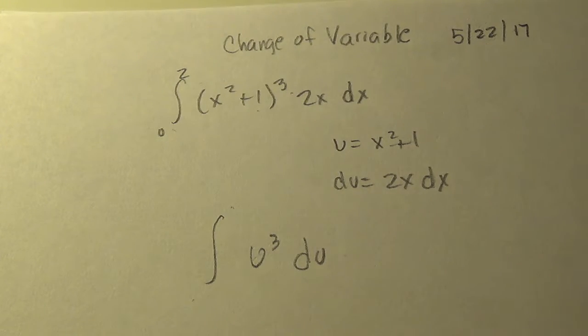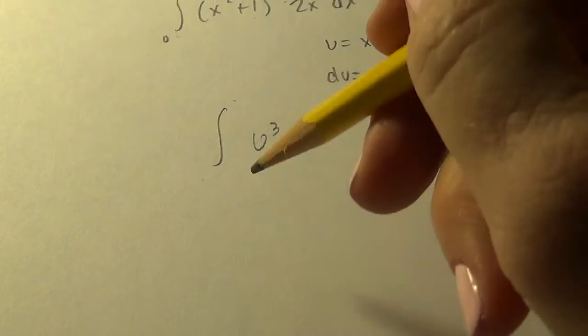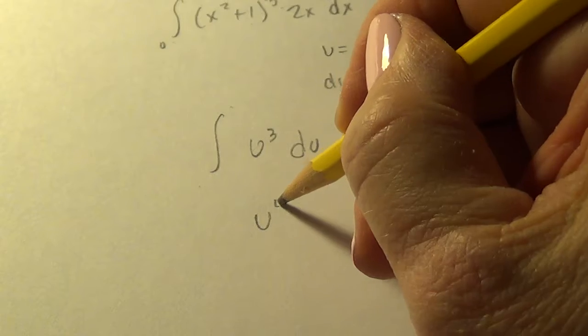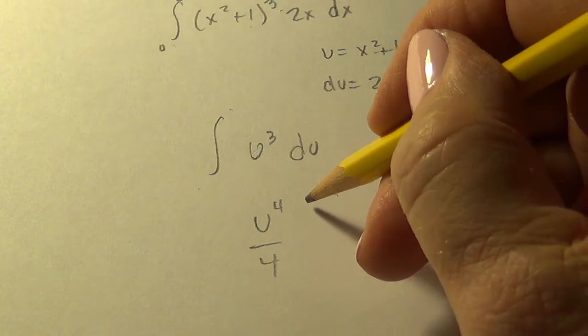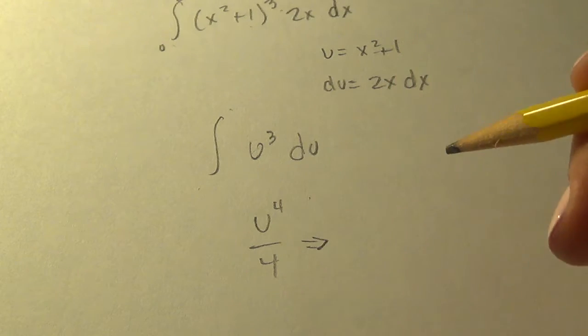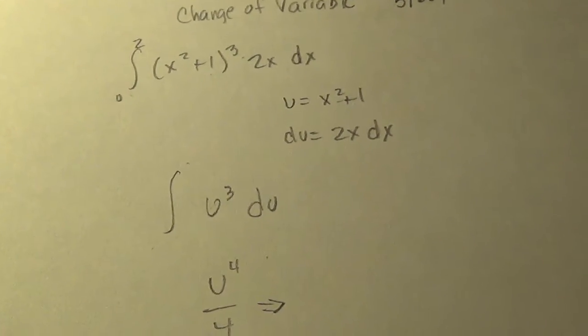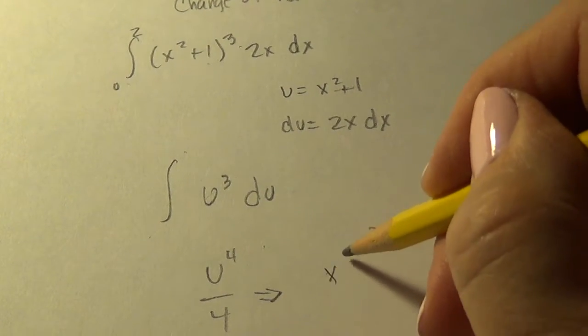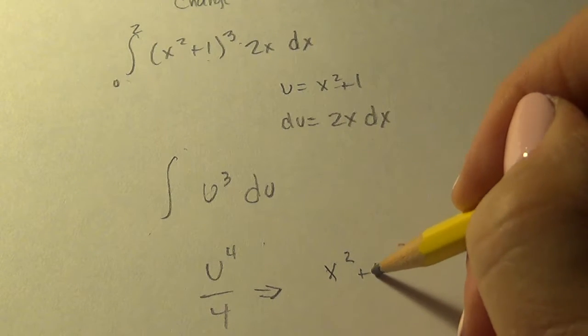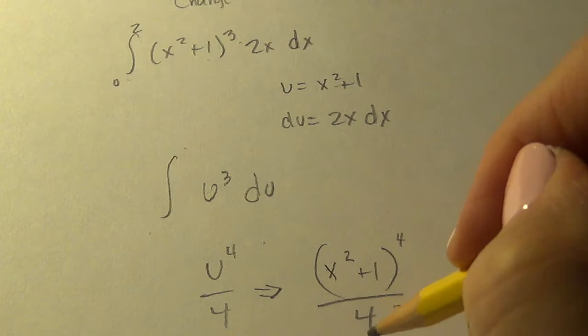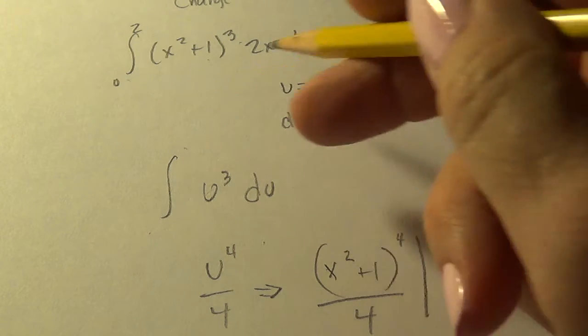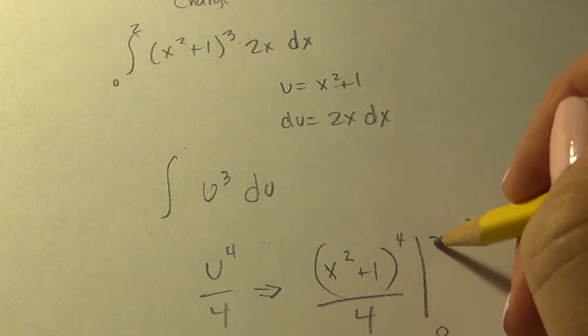So what happens then is what we used to do. We would integrate that, u to the fourth over 4, and then we would put our x's back in for our u's, and I'd get x squared plus 1 raised to the fourth over 4. And now I can evaluate that from 0 to 2.